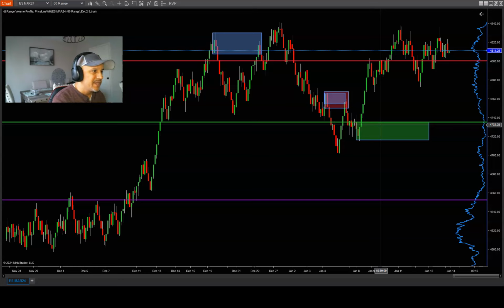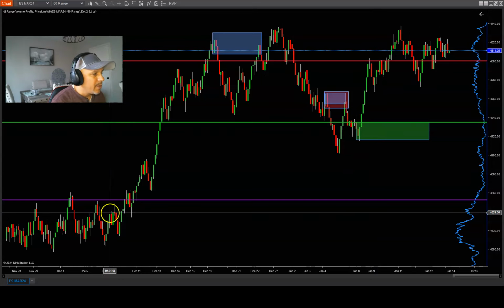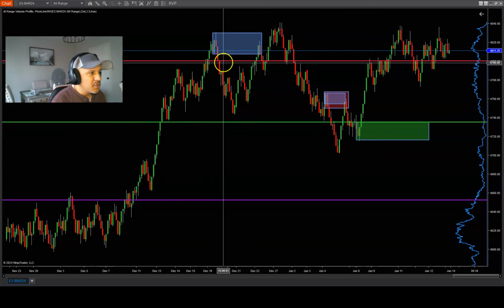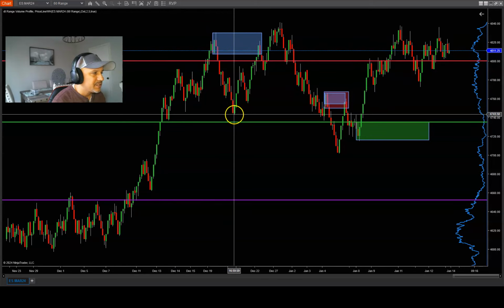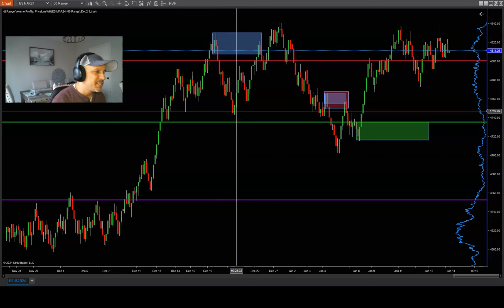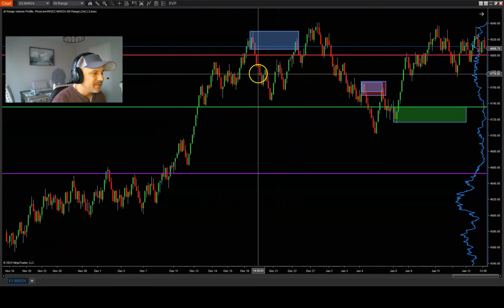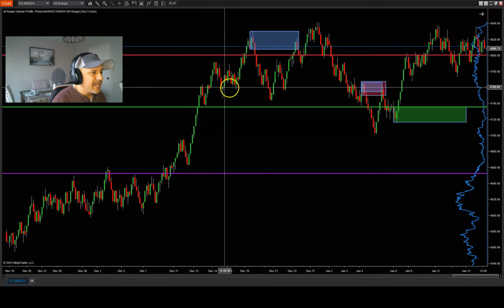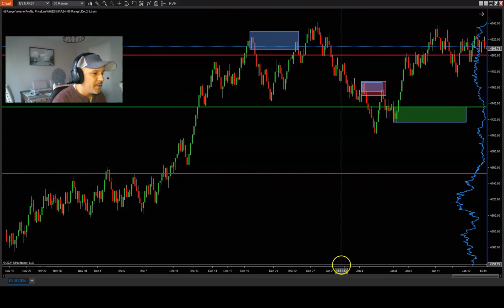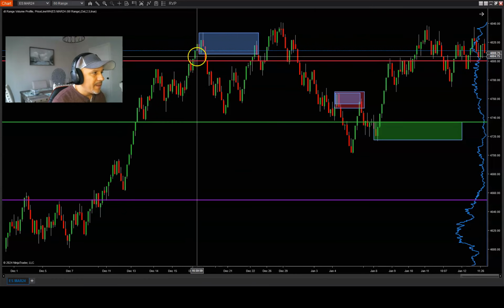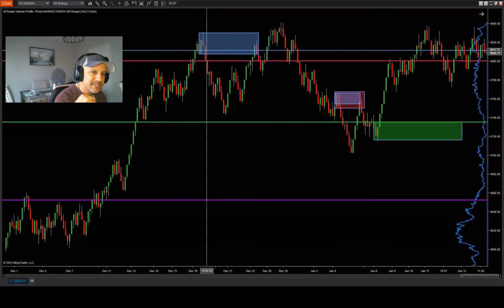Now, we break, say for example, okay? Like right here, we're moving to the upside. The market turns around here and we break structure to the downside. We have aggressive selling to the downside. Where did the origination point of the selling take place? Right up here. This activity of selling aided in the break of this area of structure below here. But what took place on that move, within an aggressive area of selling, was definitely a lot less buying, possibly none at all.